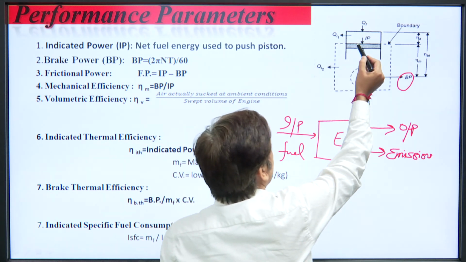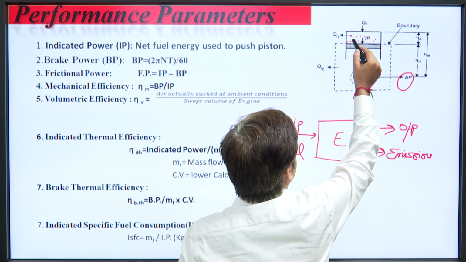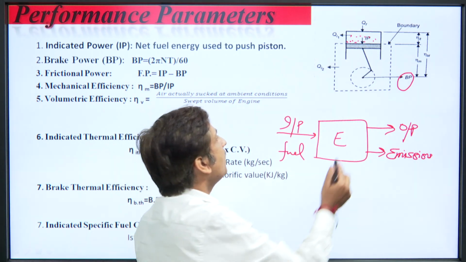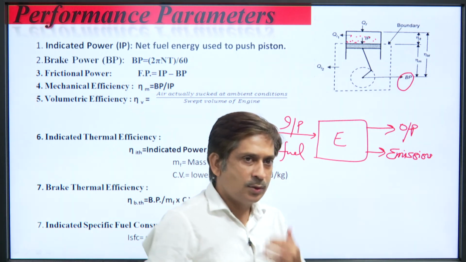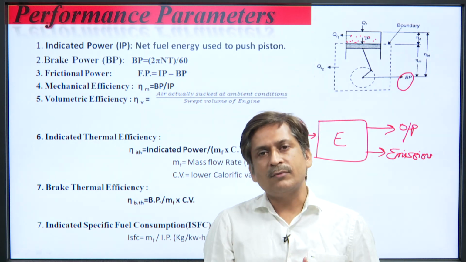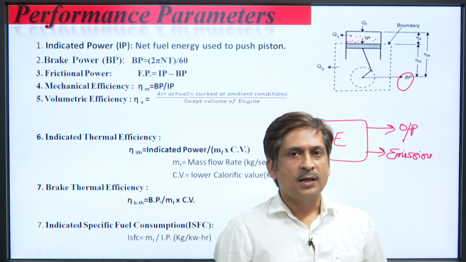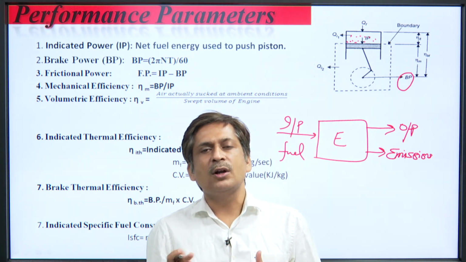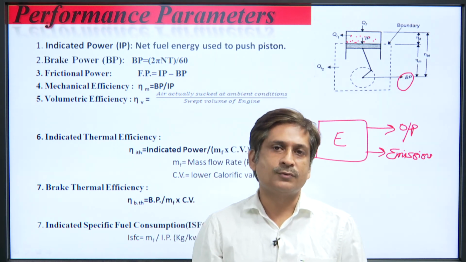What happens here is that combustion takes place, fuel is burned inside the cylinder, between cylinder and piston. Suppose 100% of the fuel is burned. We cannot convert 100% of the fuel energy into useful form. We are able to convert a small amount, 30 to 40%, into useful form.